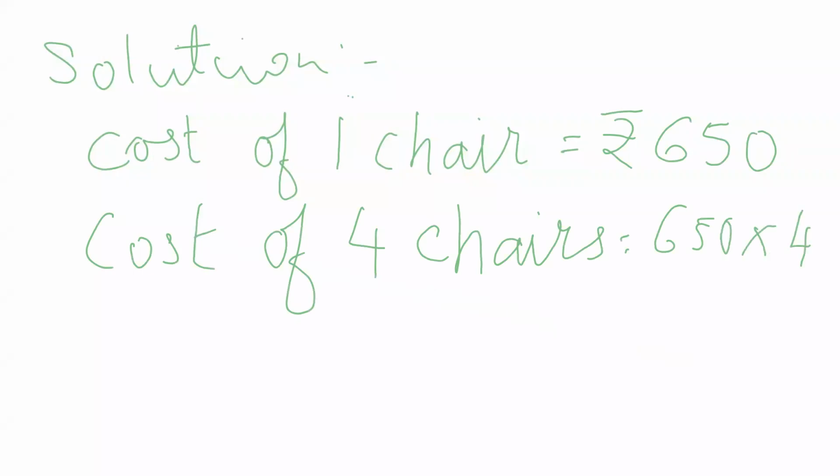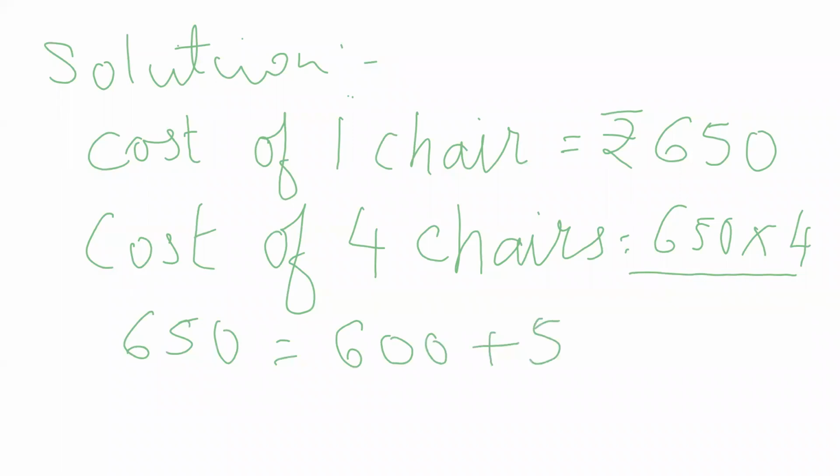After this, we are going to use the expanded form. We'll be using the lattice method. 650's expanded form is 600 plus 50 plus 0. And the expanded form of 4 is 4.